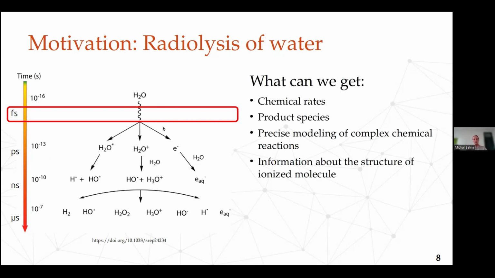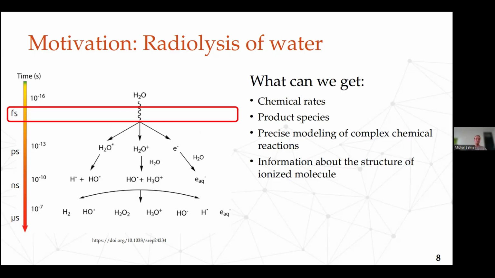And this is very important, especially for precise modeling of large chemical schemes, or if you want to know the lifetimes of some reactive species, like how long an OH radical will live and so on.